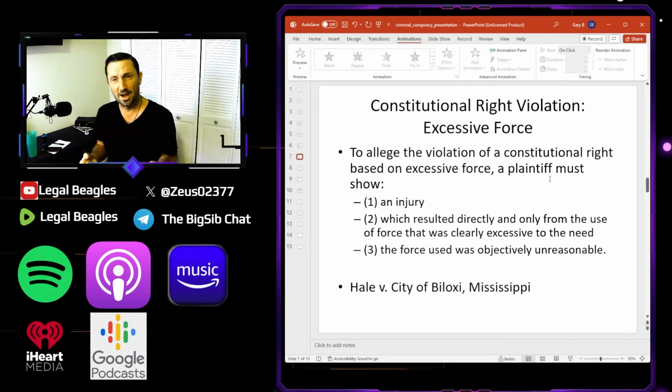And this cop thought, well, I know the law, you don't know the law. And the arrogance is what made it objectively unreasonable for a seatbelt violation. And this is out of the Fifth Circuit, Hale versus the City of Biloxi, Mississippi.